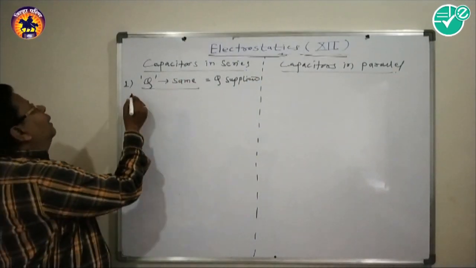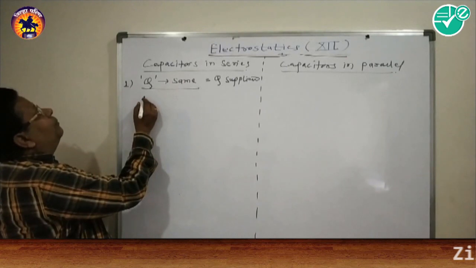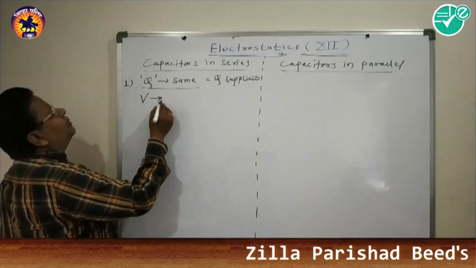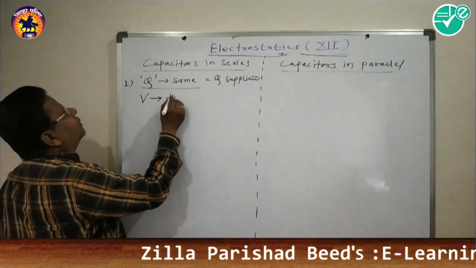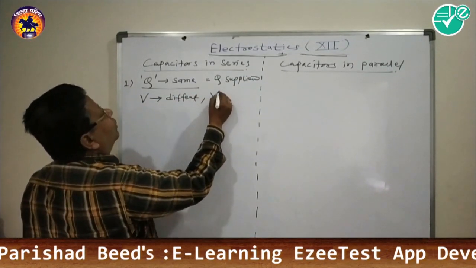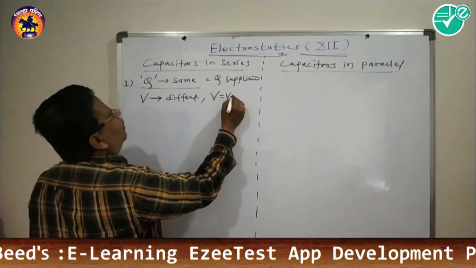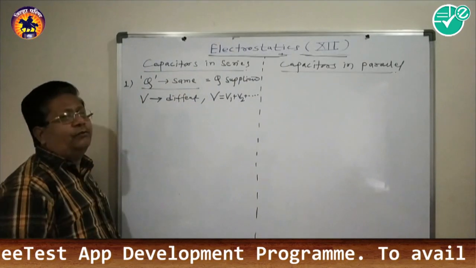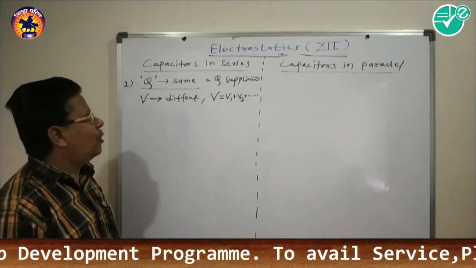Again, what is different in series combination? Potential difference across each capacitor is different. And in this case, the total PD applied is equal to the sum of potential difference across individual capacitors in series combination.